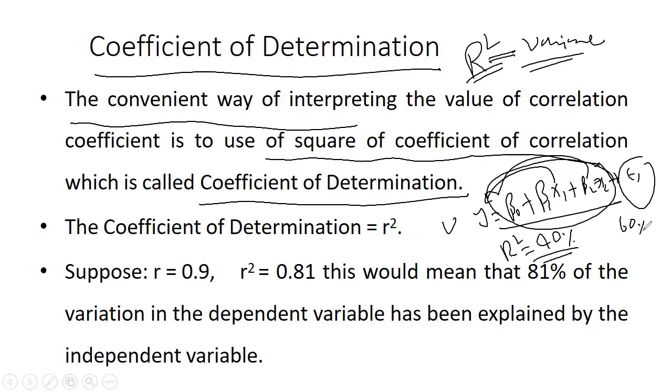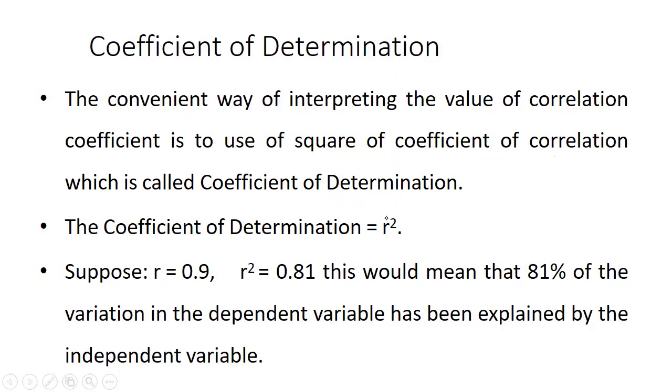It means 60% is unexplained. We did not include other independent variables which can influence this dependent variable.